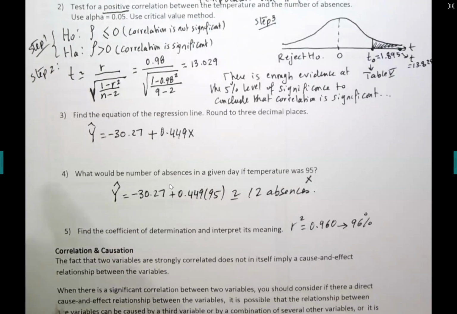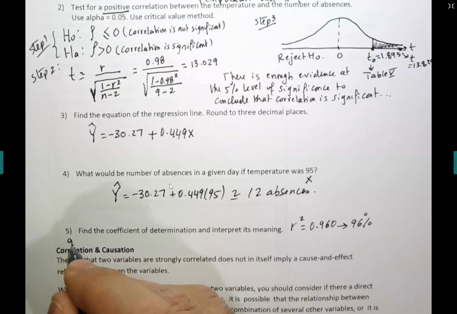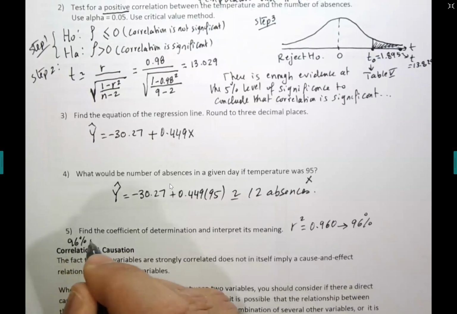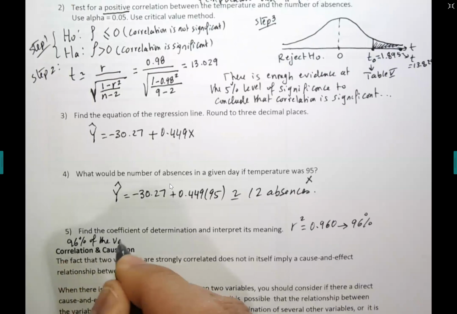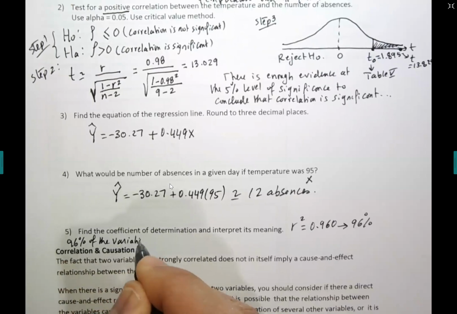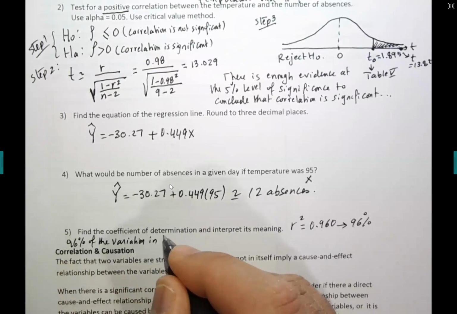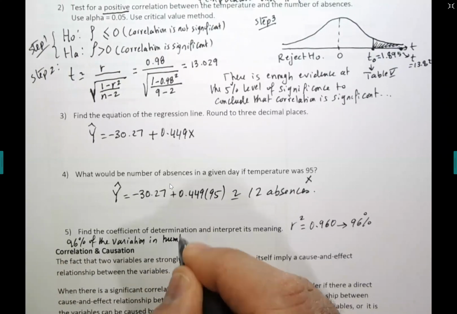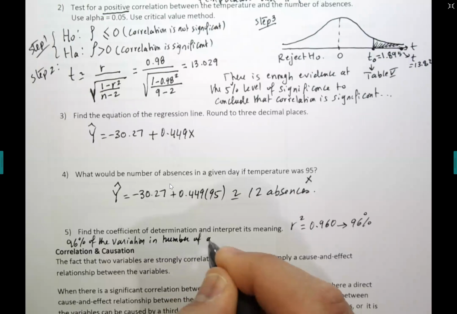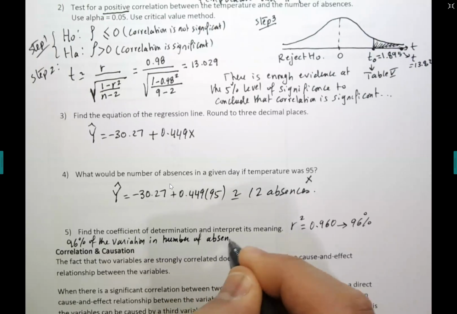What do you say? You say 96% of the variation in number of absences. You see, I start with Y first.